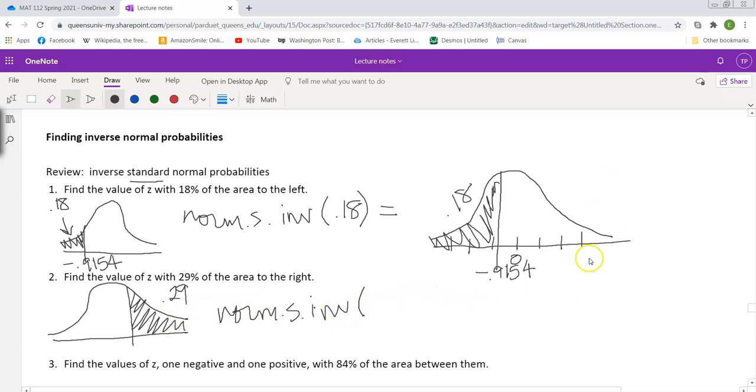That would be the sketch where we'd have 29% to the left. Don't write this part down. That's not what we want. So I'm just going to go ahead and erase this, because this is not what we want.